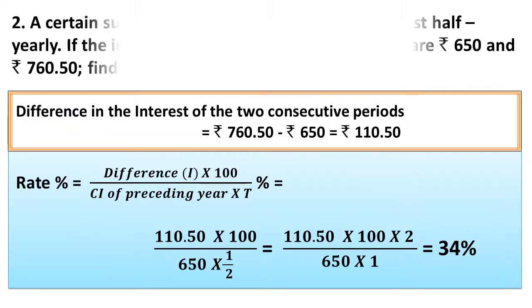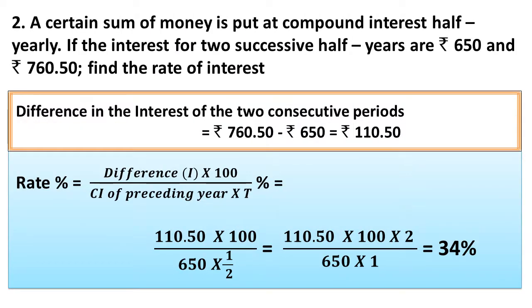Question number 2. A certain sum of money is put at compound interest compounded half yearly. That half yearly is very much important. If the interest for 2 successive half years are rupees 650 and rupees 760.50, find the rate of interest.